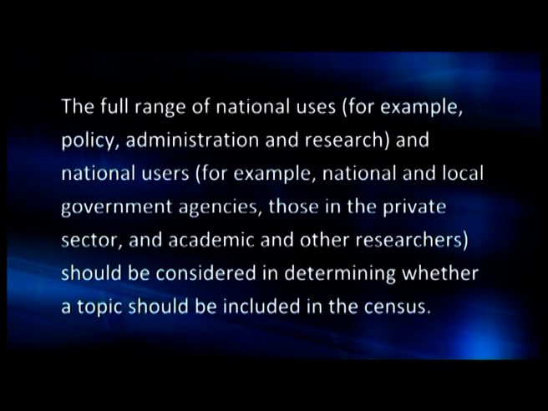The full range of national uses, for example, policy, administration and research, and national users, for example, national and local government agencies, those in the private sector, and academic and other researchers, should be considered in determining whether a topic should be included in the census.